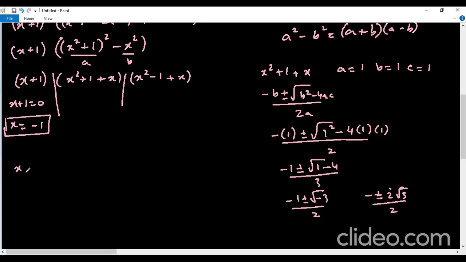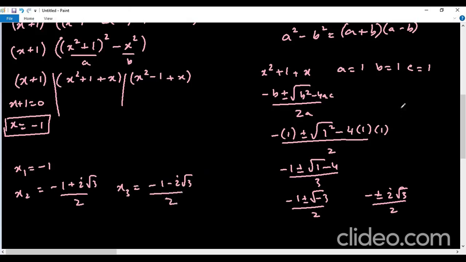So x, first value is negative 1, second value is going to be negative 1 plus iota under root 3 over 2, and x3 is going to be negative 1 minus iota under root 3 over 2.